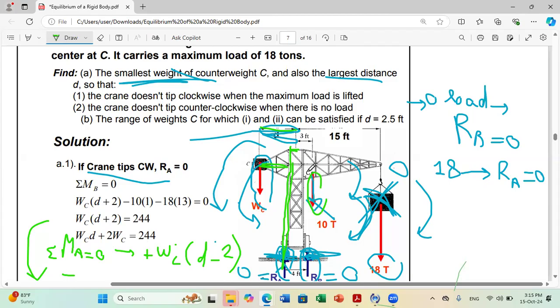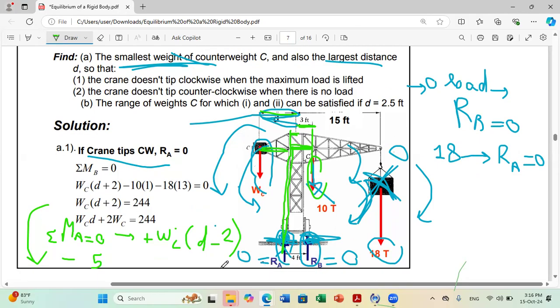I need the perpendicular, which is this distance between 10 tons and my point A. According to the figure, it's 3 plus this small distance, which is 2, so it's in total 5. So minus 5 times 10 equals 0. These are the only forces doing moment about A.